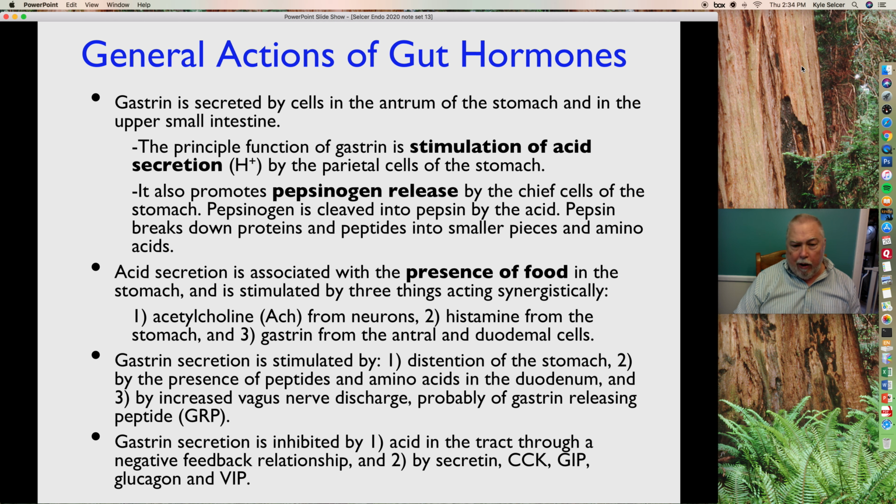So once you get a whole bunch of these duodenum enzymes, hormones and endocrines, and autocrines all cranked up, they all inhibit gastrin, because you're probably already there. They're all caused by food that gets into the small intestine. So if you have a whole bolus of food in the small intestine, they say, hey, let's slow the stomach down, and they have negative feedback on gastrin.